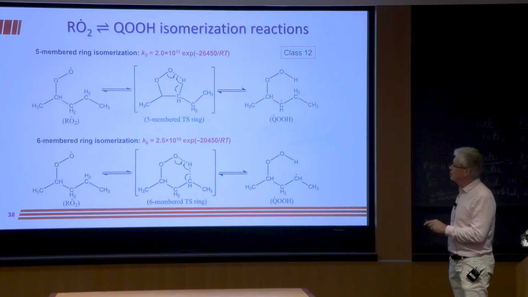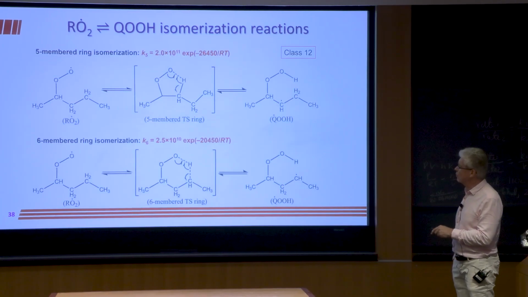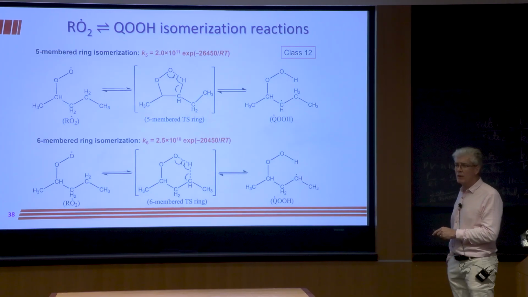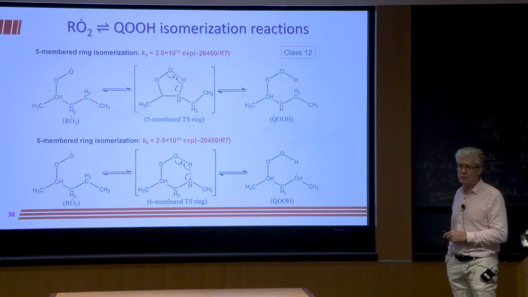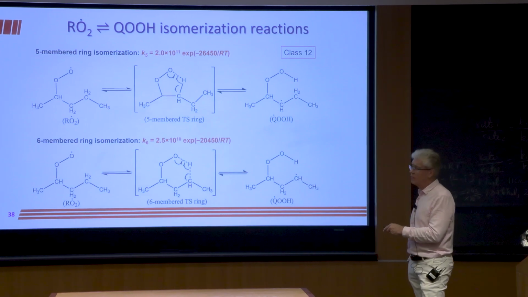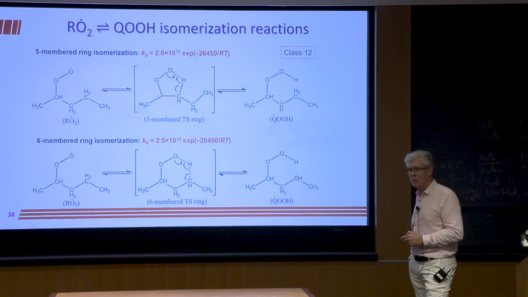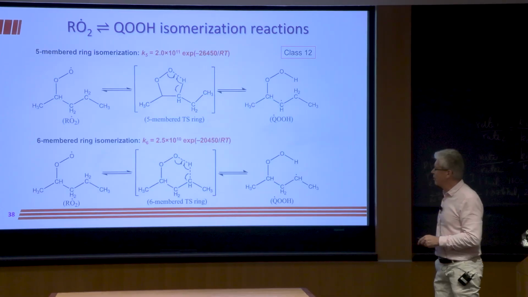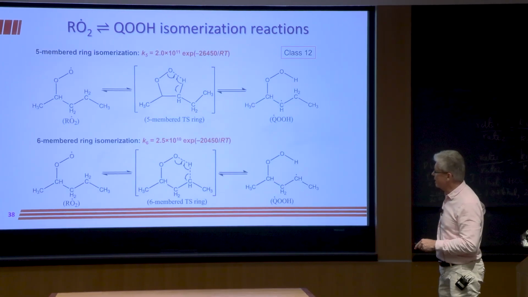The activation energy for the 5-membered ring is 26.45. It's 6 kilocalories per mole lower for the 6-membered transition state ring. Okay, so the activation energy is lower, but the frequency factor is lower for the 6-membered ring. But all right, so why is that?